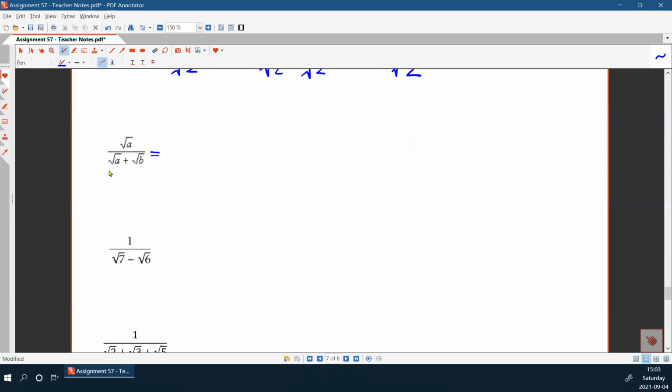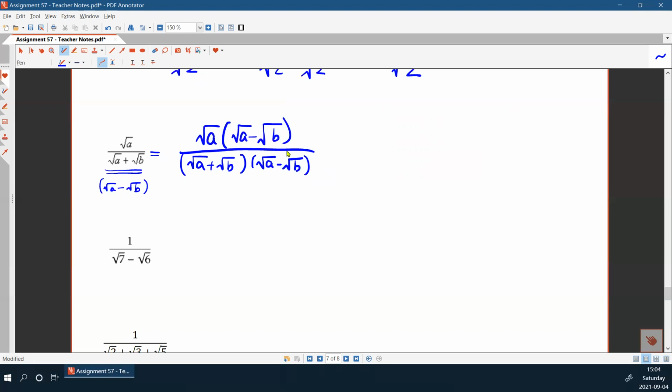Next one, note here we have square root of a plus square root of b, right? So we can multiply by square root of a minus square root of b, and by using the formula we remove the square root sign here. Okay, so let's do this to both the denominator and the numerator.